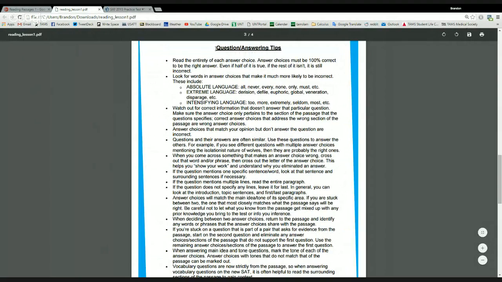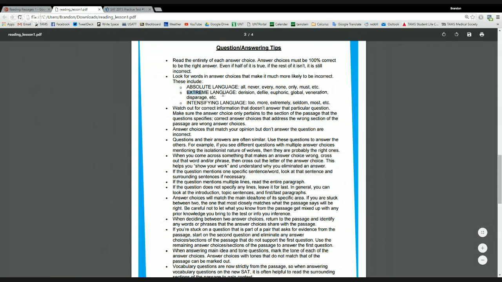So first of all, you want to read the entirety of each answer choice. Answer choices must be 100% correct to be the right answer. Even if half true, if the rest isn't, then the whole answer is incorrect. And in order to tell if one word's incorrect, you can look for absolute language, extreme language, and intensifying language. If you ever find these words in an answer choice, they're most likely incorrect because they go too far.